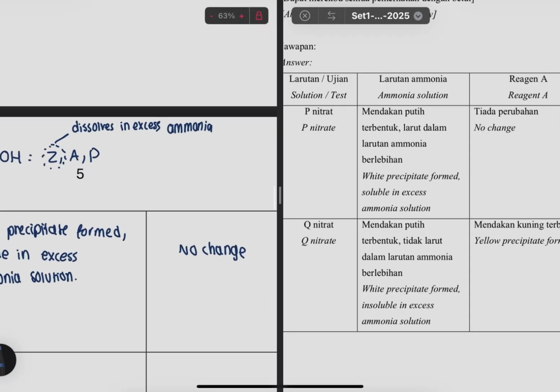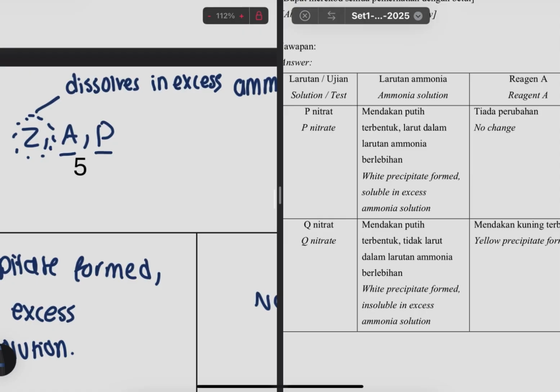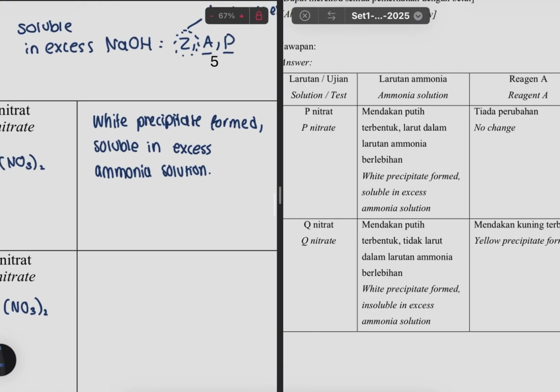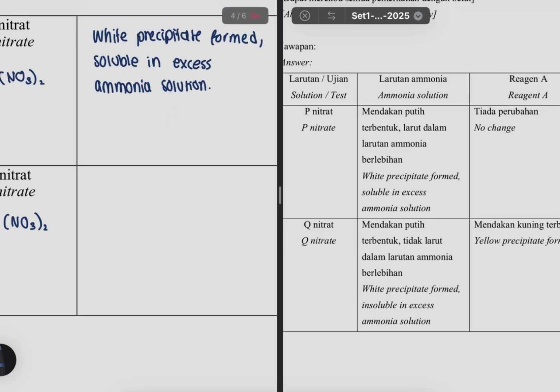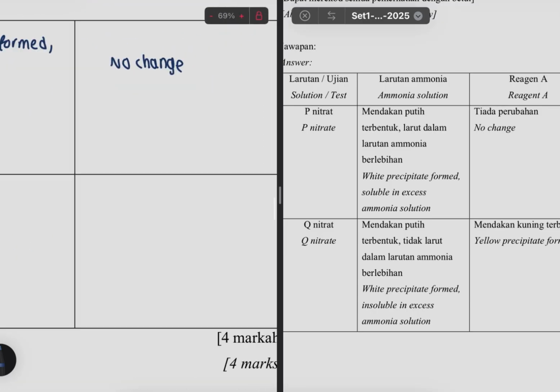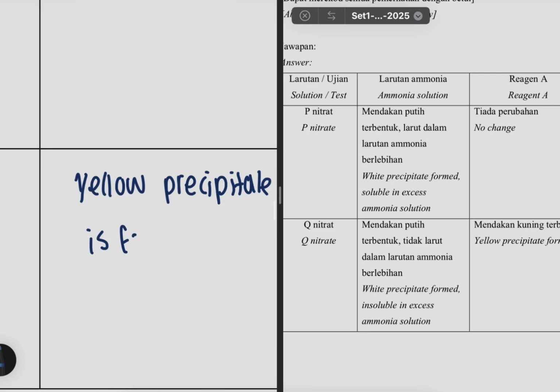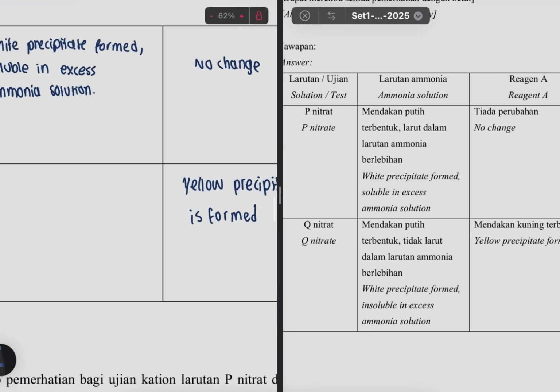For Al and Pb, it doesn't. It only forms a white precipitate. So from that, I know if it's soluble, then it's definitely zinc, and if it's not soluble, it's either aluminium or Pb²⁺. But because a yellow precipitate is formed, I can assure you that this is Pb²⁺.